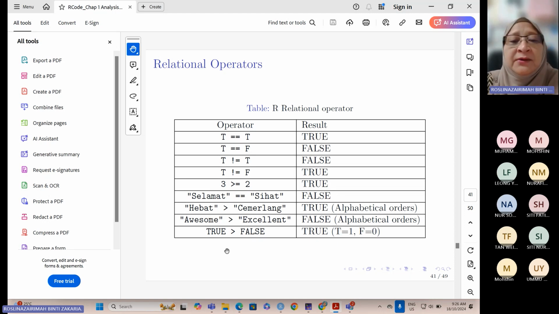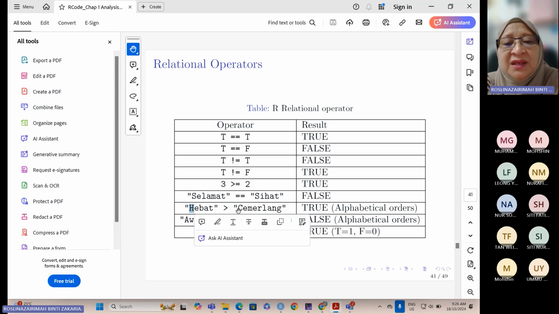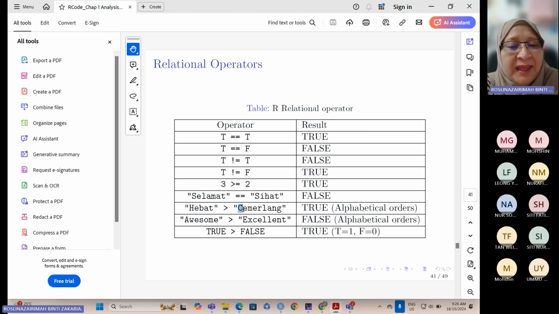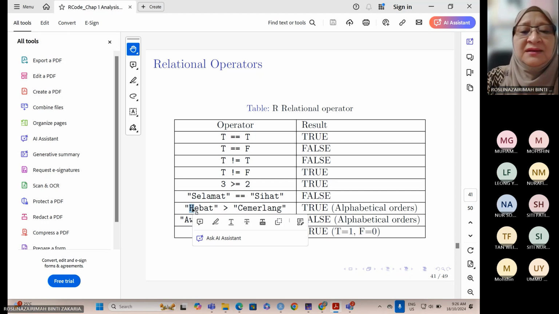If hebat greater than cemerlang, it will look at the first letter of the character string when we compare. The character on the right is considered greater than the character on the left. For example, cemerlang comes first, H comes later than C, so this statement is true.